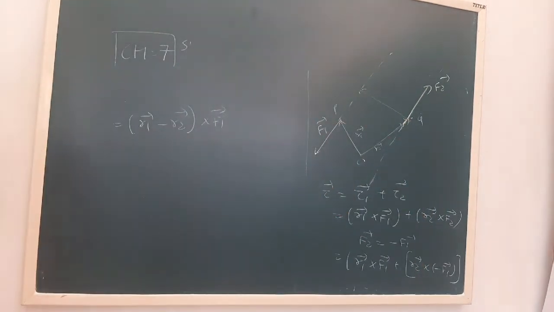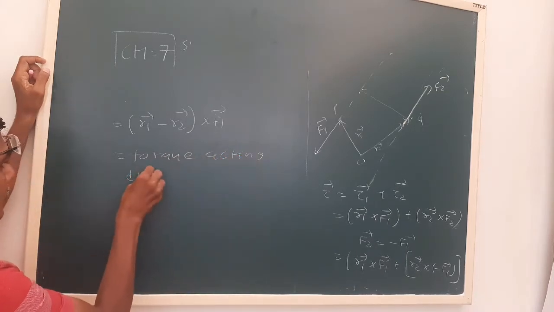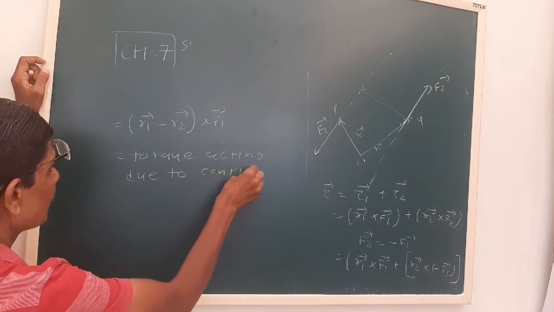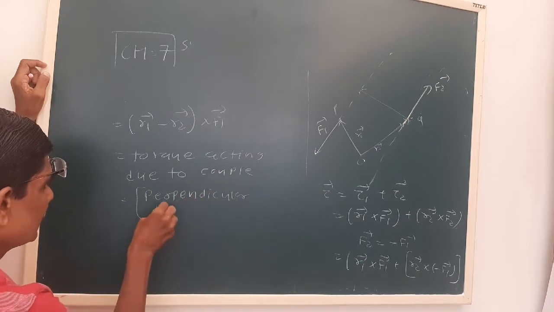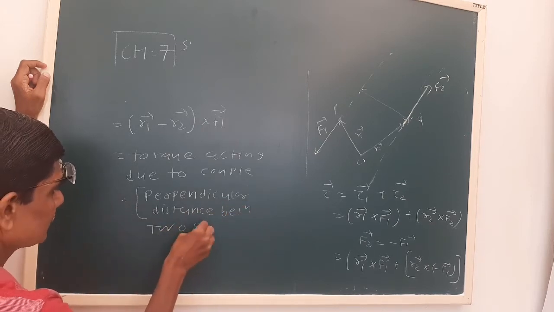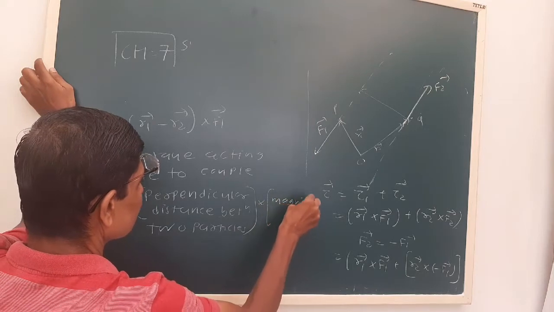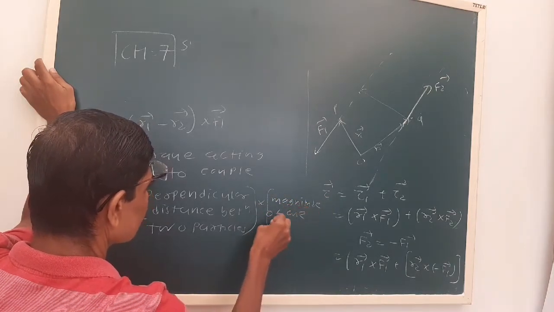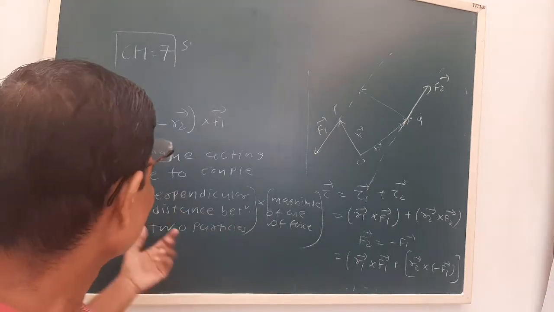So the torque due to the couple is equal to the perpendicular distance between the two particles times the magnitude of one of the forces. Why the magnitude?